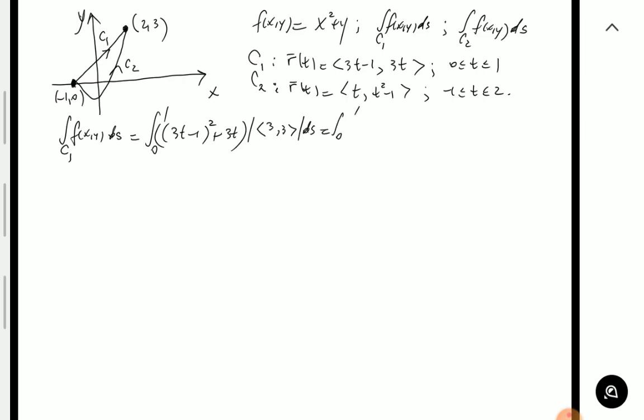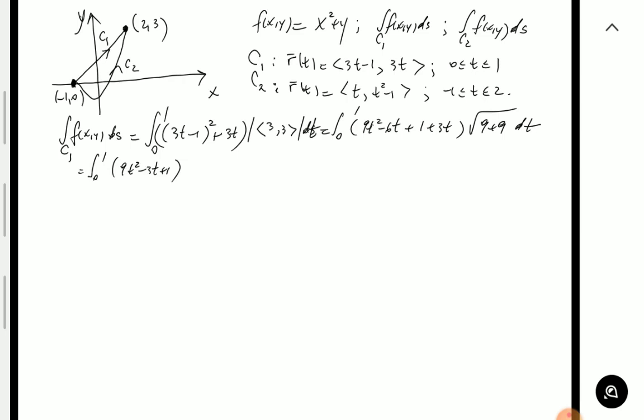So let's expand this quantity here. We have 9t squared minus 6t plus 1 plus 3t, and then square root of 9 plus 9 dt. So this is dt. So we have 9t squared minus 6t plus 3t, that's minus 3t, plus 1.